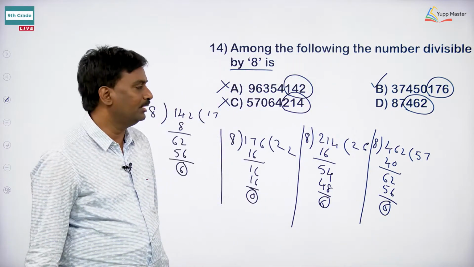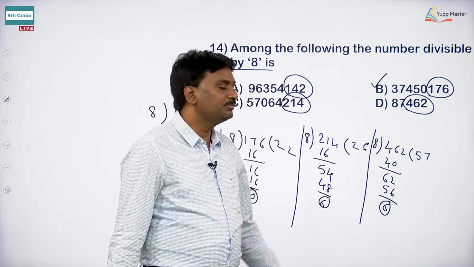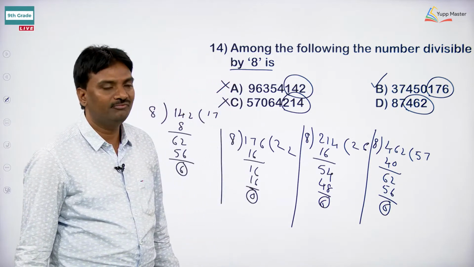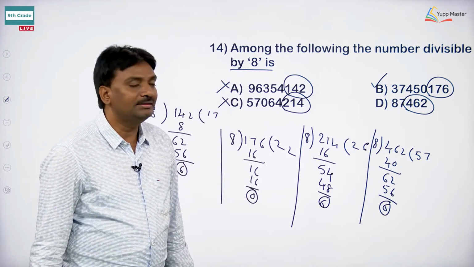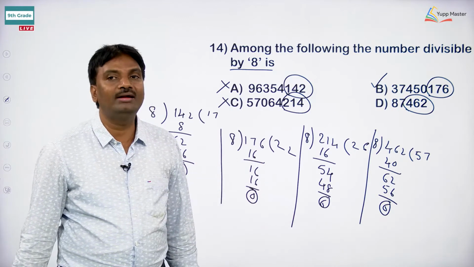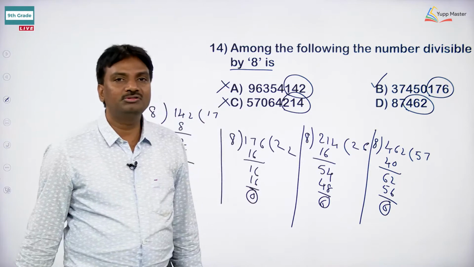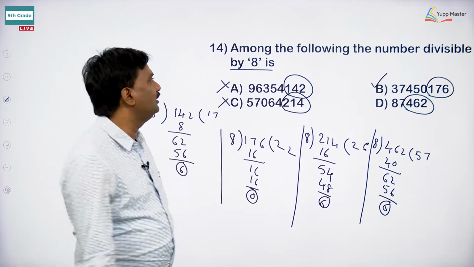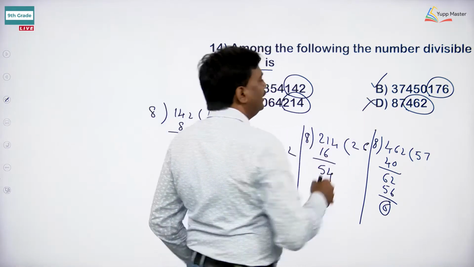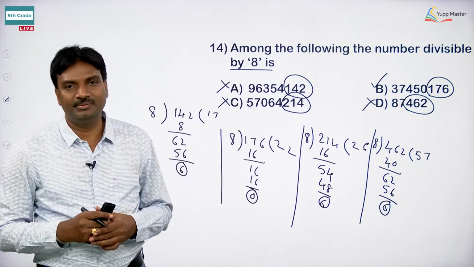Here clearly the number 462 is not divisible by 8. So we can say the number 87462 is also not divisible by 8. So we can eliminate option D.